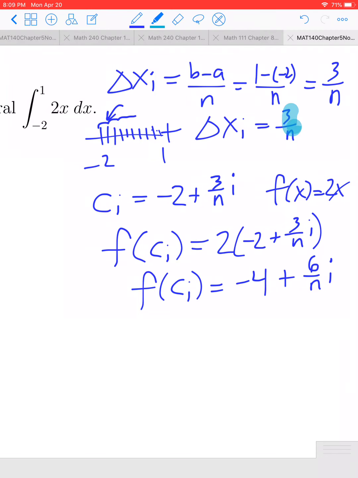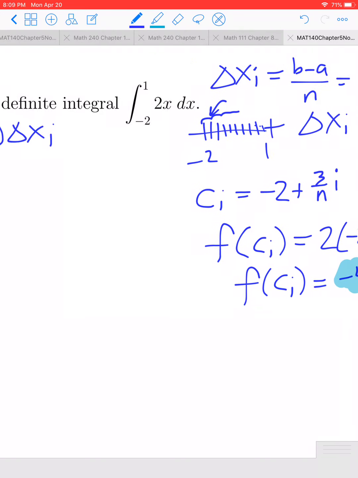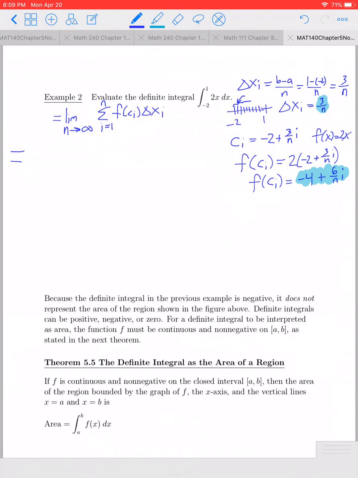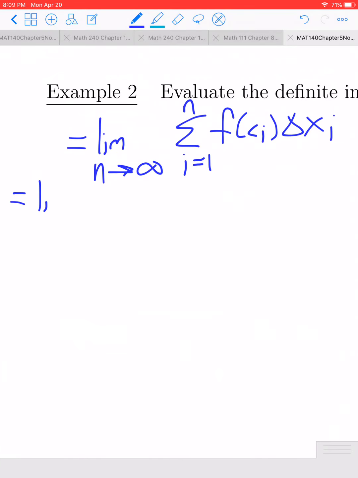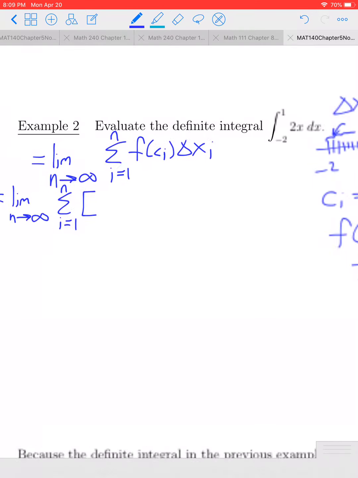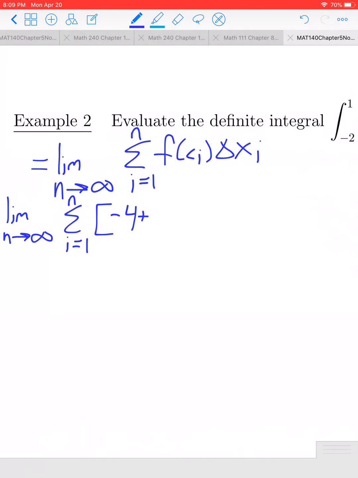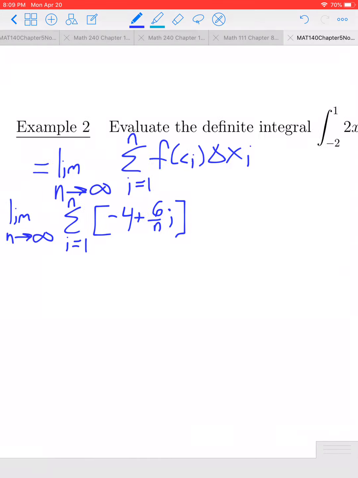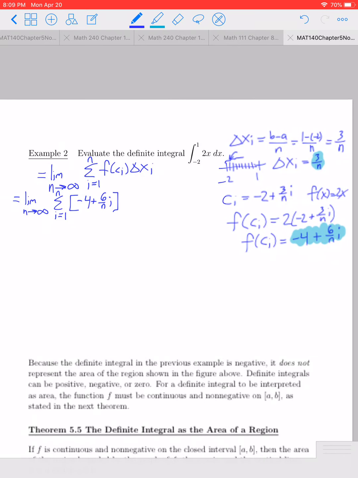So we have our delta x_i. We have our f of c_i. Let's go ahead and plug that into our Riemann sum formula. This is going to be equal to the limit as n approaches infinity of the sum from i equals 1 to n. f of c_i, we said, was negative 4 plus 6 over n i times delta x_i, which is 3 over n.